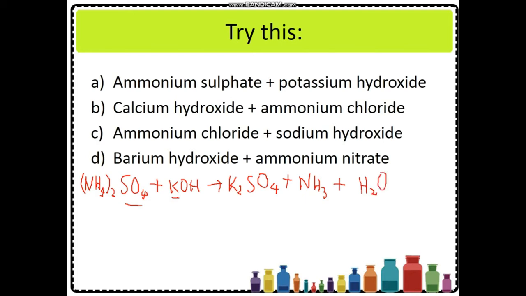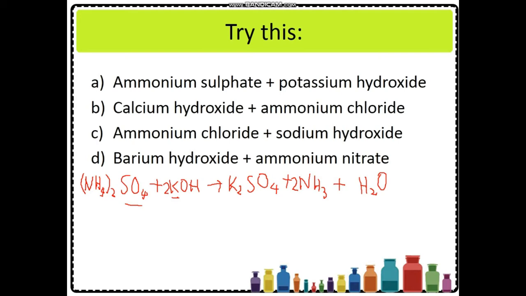Now we check whether the chemical equation is balanced or not. Nitrogen is 2 on one side and 1 on the other, so we put 2 here. Nitrogen is 2, and then hydrogen 8 and 2, 10. K2, so here we must put 2 as well.